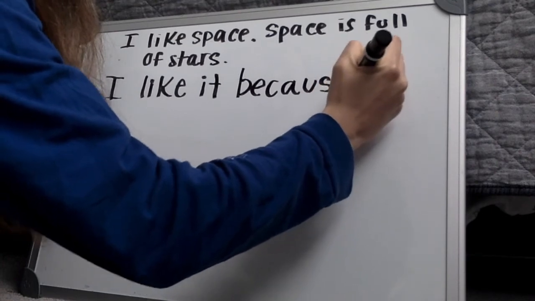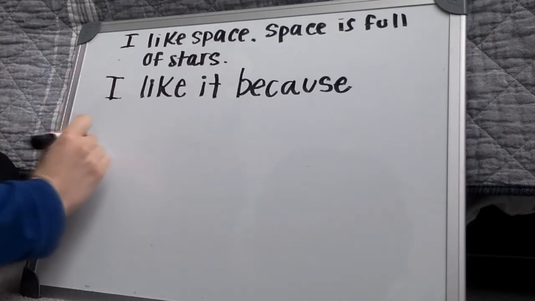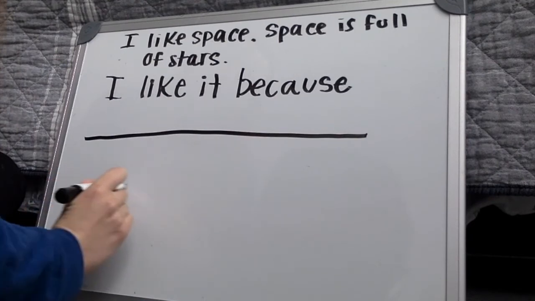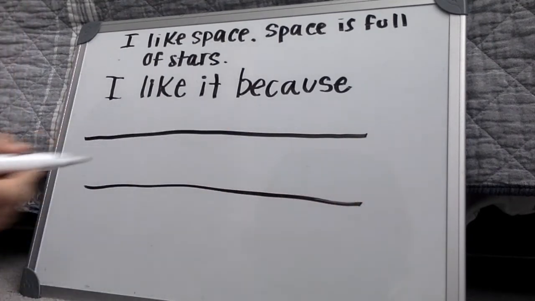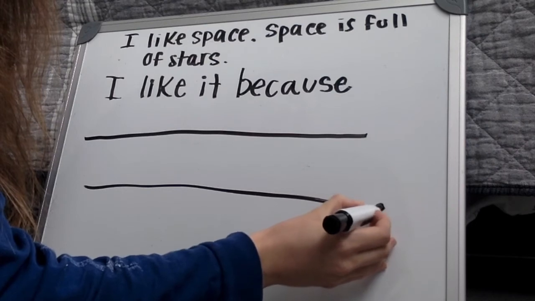So if you need more time to write that, you can pause the video or you can follow along with me. So now that we're writing because, I'm going to give you 2 lines of room to write because we really want to make sure that we're explaining our ideas. And of course, at the end of our sentence, we are going to write a period.